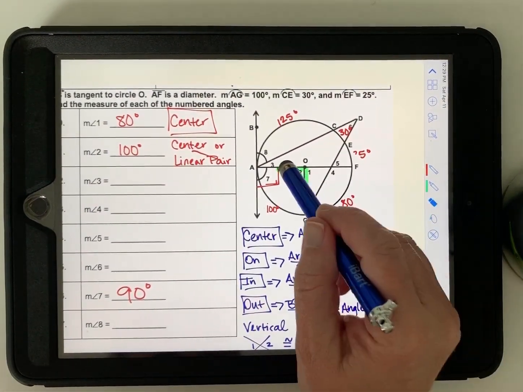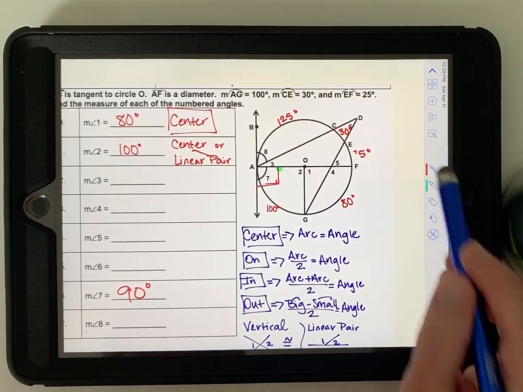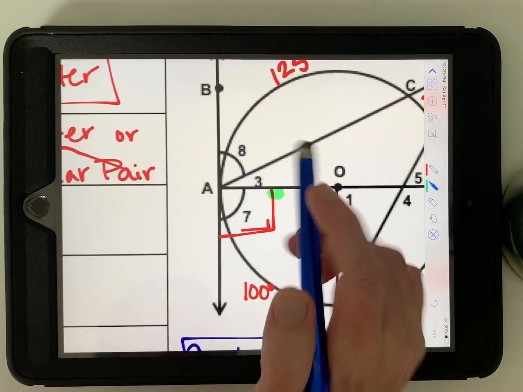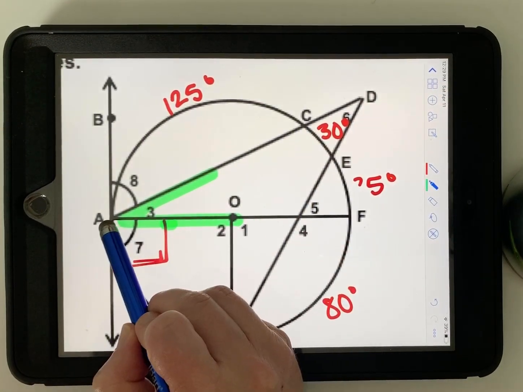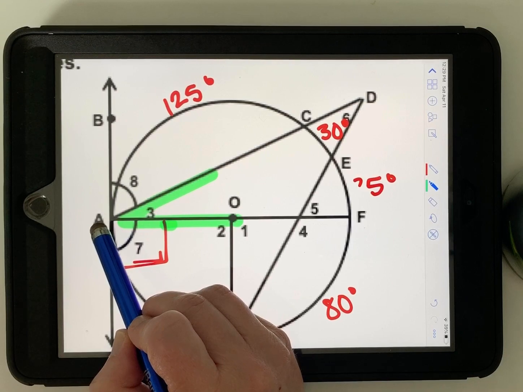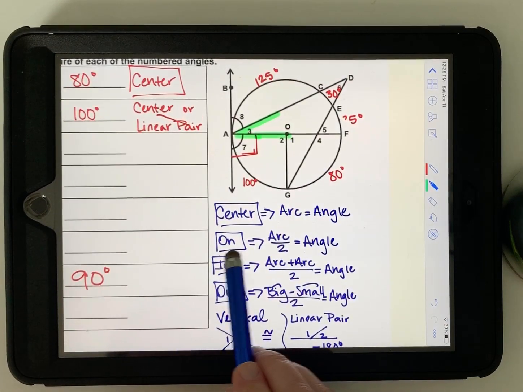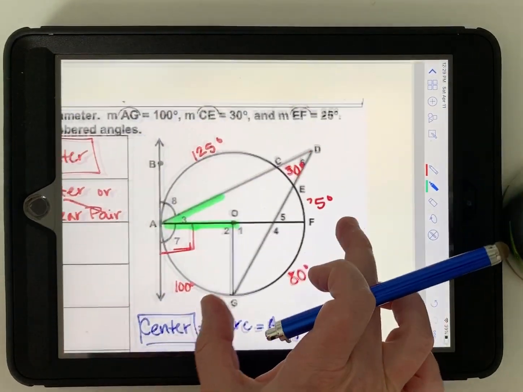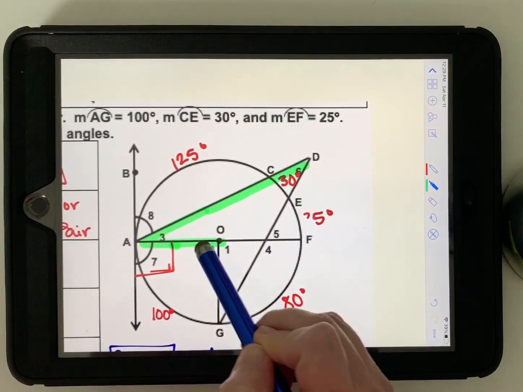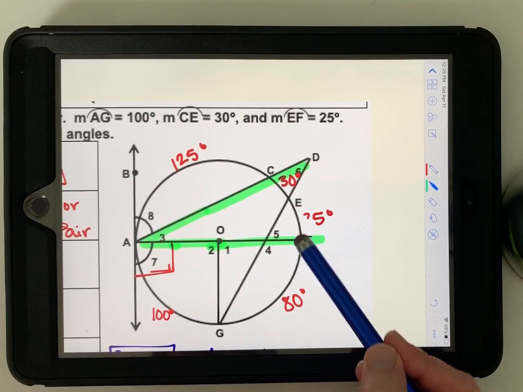All right, now let's move on to angle 3. Angle 3 is right here, and we can see that angle 3's vertex is on the circle. So when we use our formulas here, on the circle is arc divided by 2, gives me my angle. So if we look at angle 3, it opens up to both of those arcs.